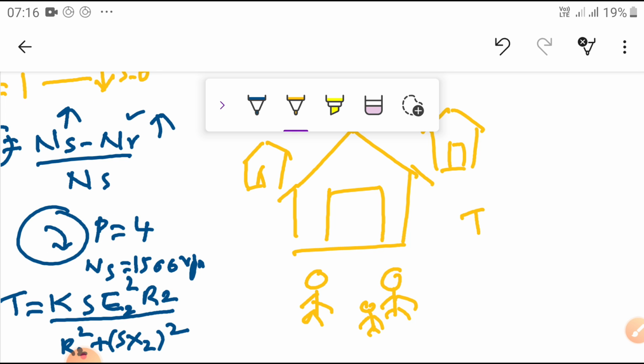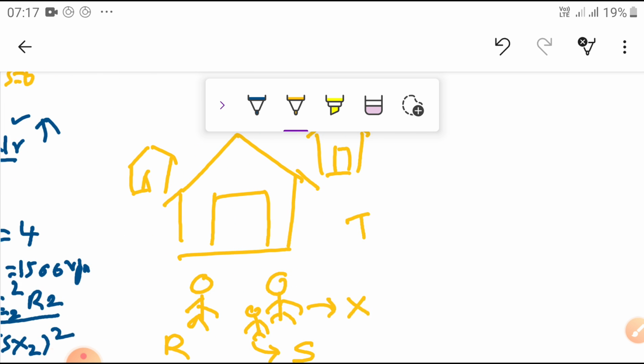Now your interest is studies, you are studying in polytechnic. Your name is S, your mother's name is X, and your father's name is R. So we know the relation.